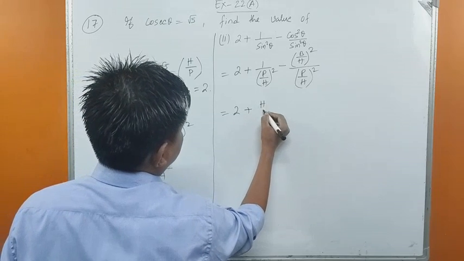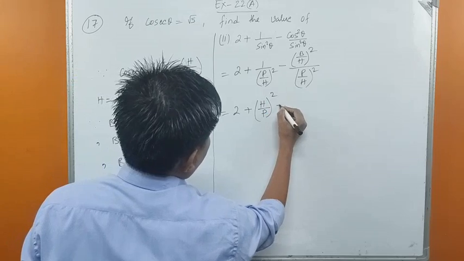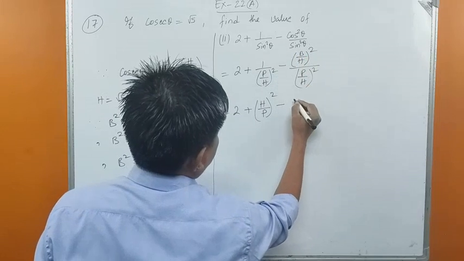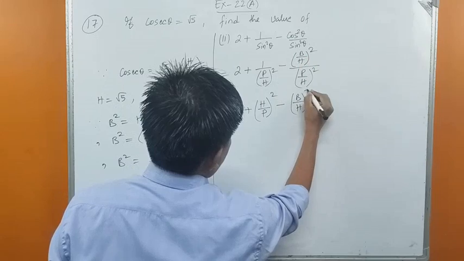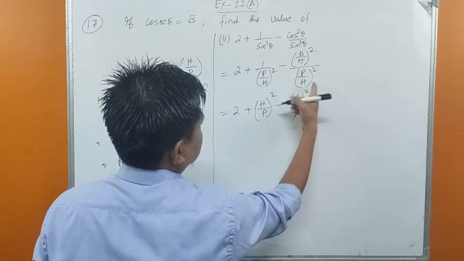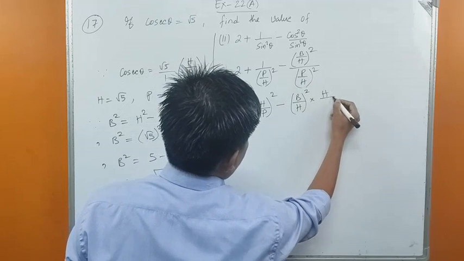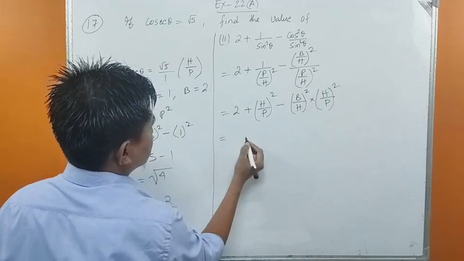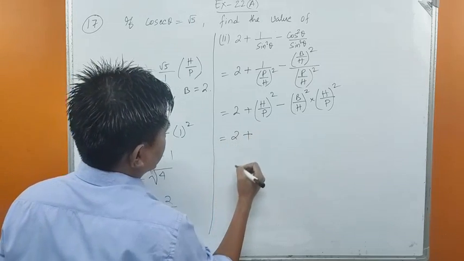Okay, h upon p whole squared, minus b by h whole squared, into, now this h goes to the numerator and this p comes down to the denominator. Okay, whole squared. Now let us put the values of h, p and b. Okay, hypotenuse, perpendicular and base.